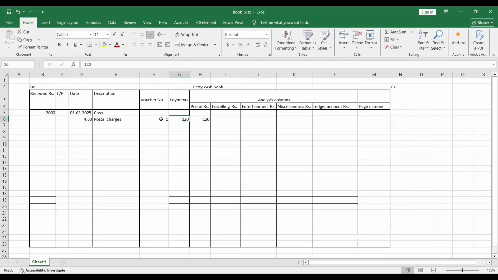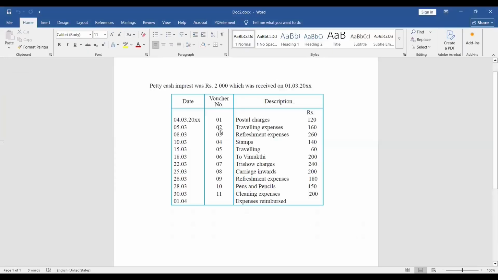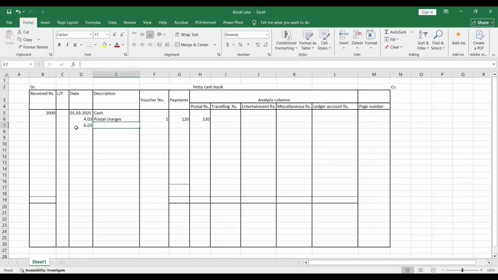Here we record the same values in both columns. 5th of March, voucher number 2, traveling expenses 160. In the traveling expense analysis column, 160.